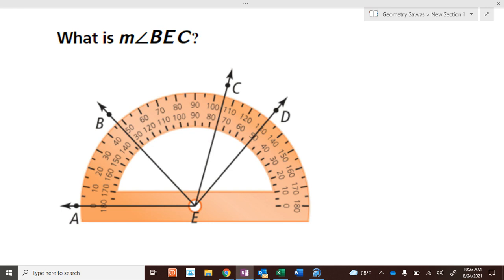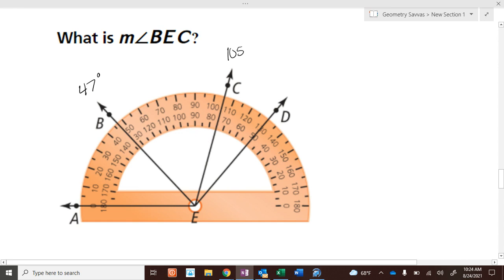So, what? 47. That's what I would say. I would say 47 degrees. And then where would C be, Amiria? 108. Well, here's 110. It's halfway in between, which would be 105, yeah?